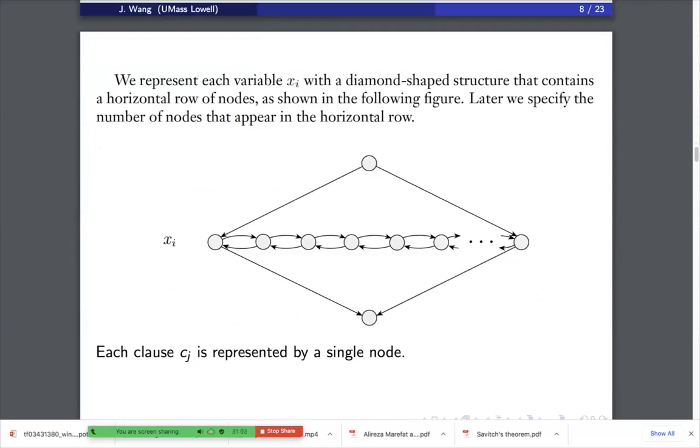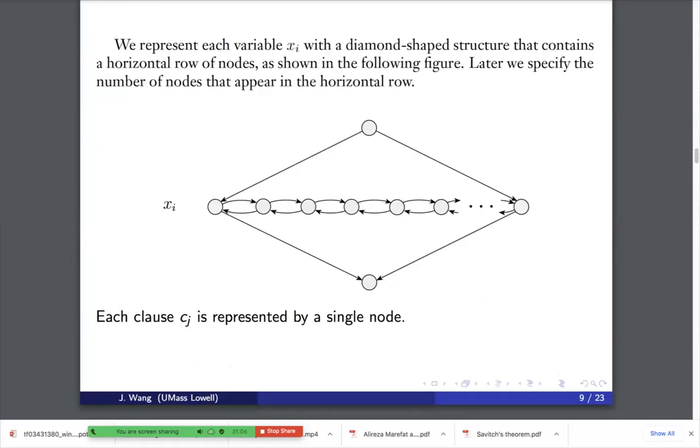Then the construction is a chain of diamond shapes. For each variable, we are going to come up with a shape like this. You have 4 boundary nodes like this, and this is a boundary.